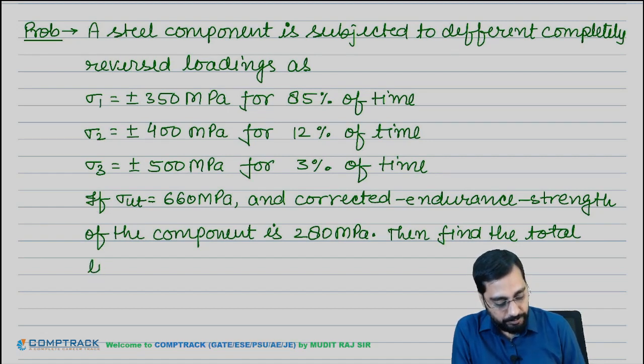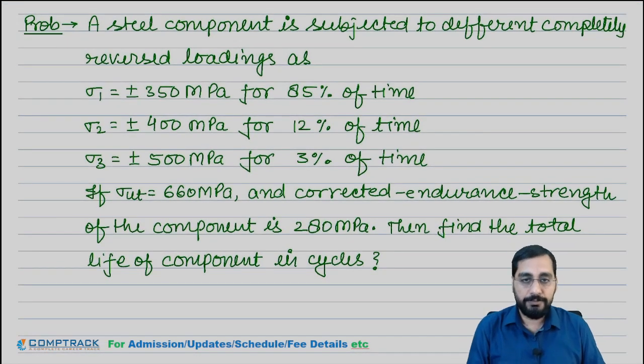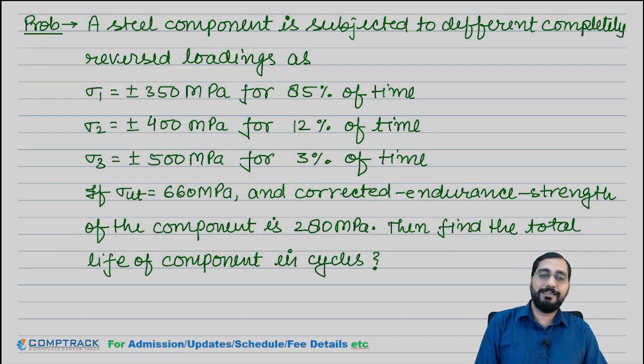Total life of component in cycles. Okay, so total number of cycles, capital N, we have to find. Clear?